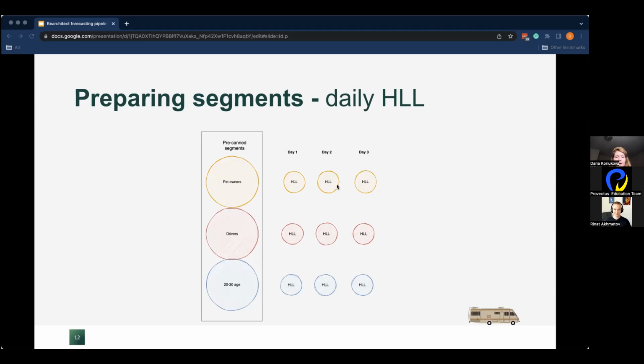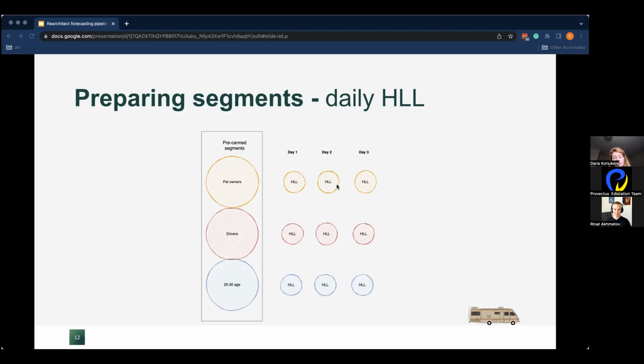We identified the list of precanned segments that can be pet owners, drivers, people of 20 to 30 years old. This is a large number of segments. We started from a few, but I see that in the industry there are quite a few of them. We take each and every precanned segment, and on a daily basis we generate an HLL, a HyperLogLog, for each of them.